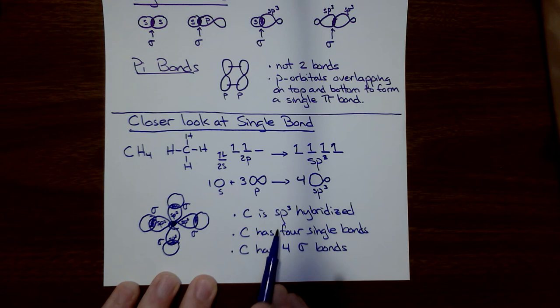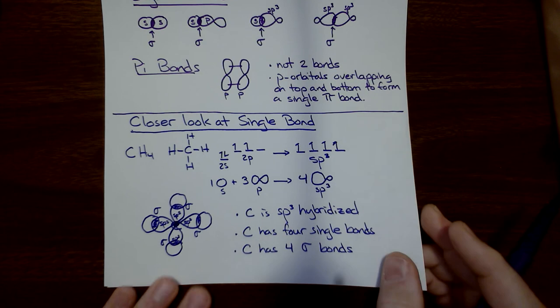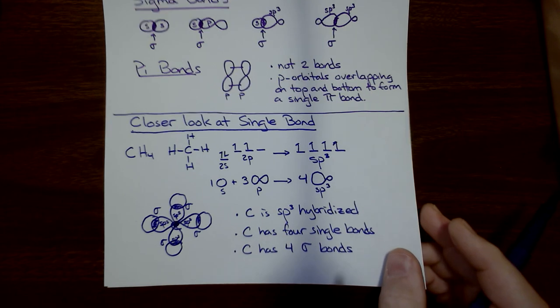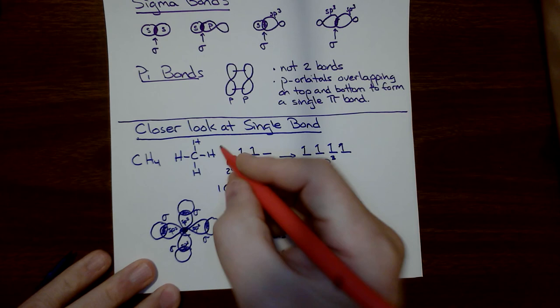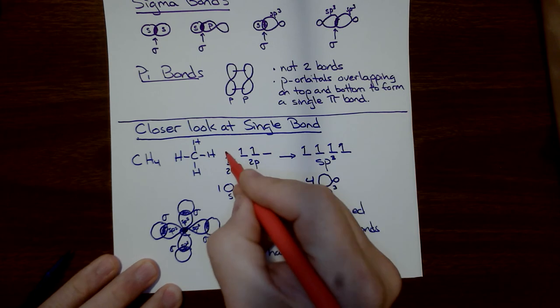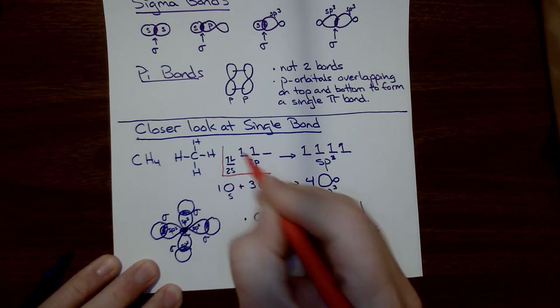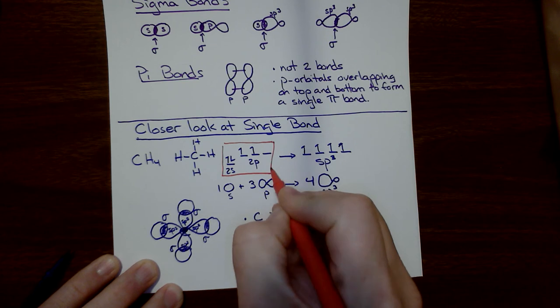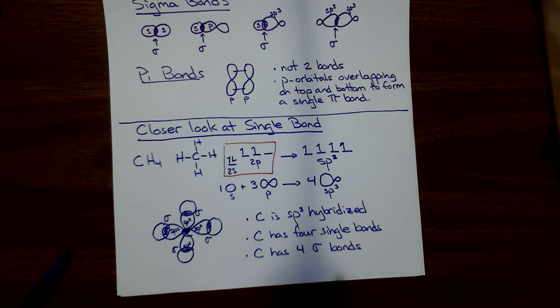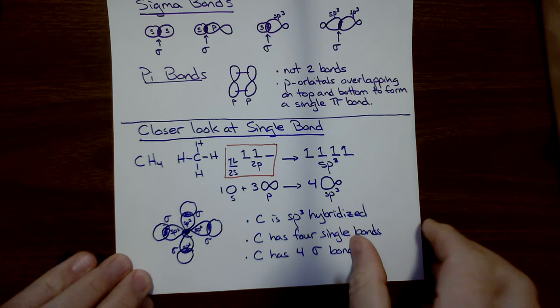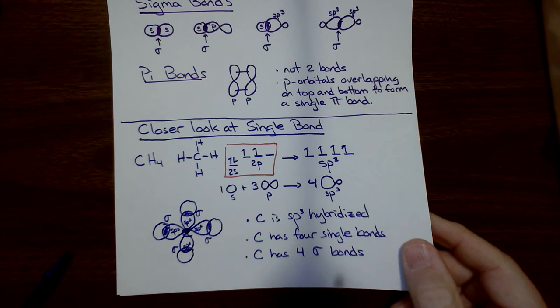So it's sp3 hybridized with 4 single bonds and 4 sigma bonds. So now let's look at carbon with a double bond. Okay, so that's a single bond. Now let's take a closer look at double bonds.